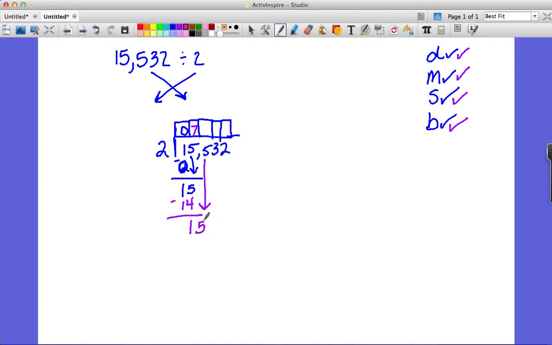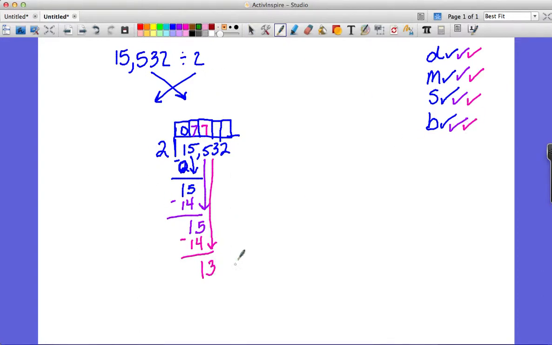Now I can move to the next step. I have to divide. 2 goes into 15 7 times. So that's the divide. 7 times 2 is 14. That's the multiply. 15 minus 14 is 1. That's the subtract. And then now I have to bring down the 3. Right?